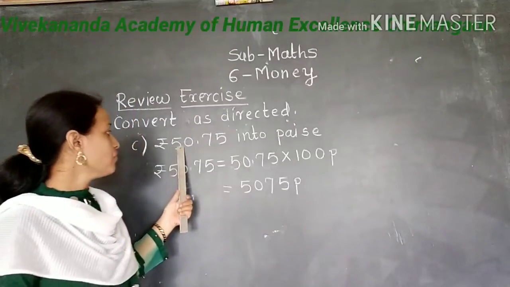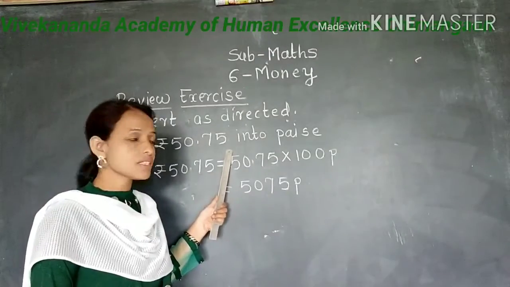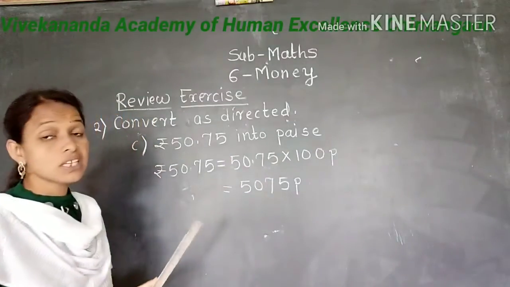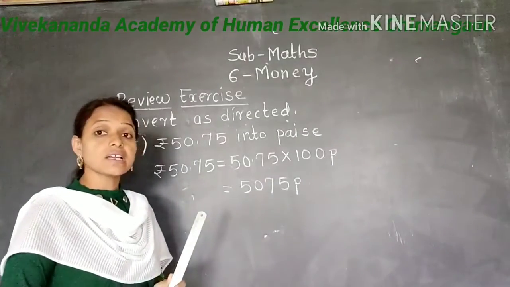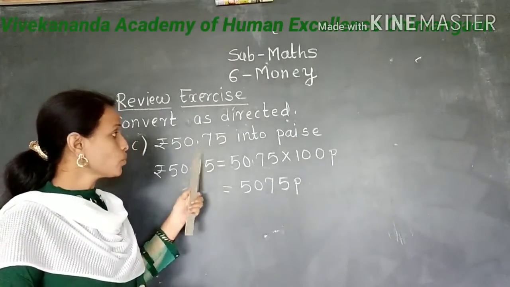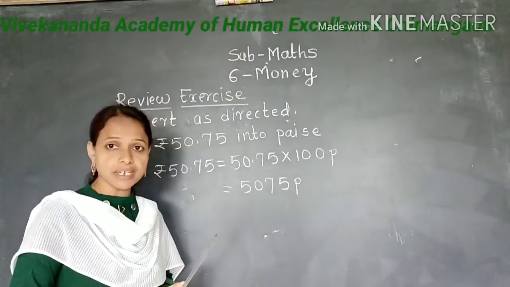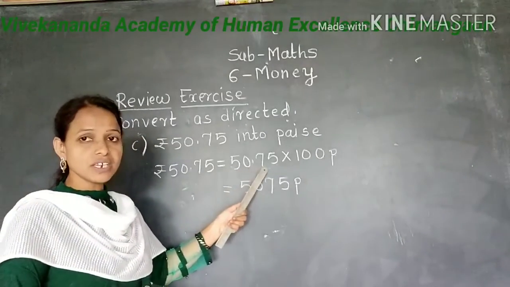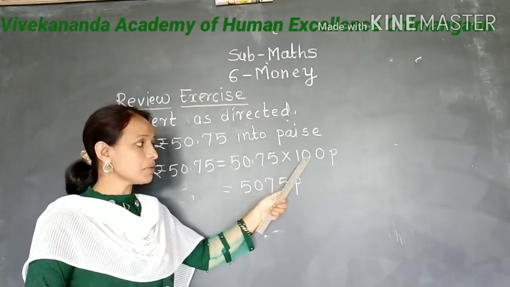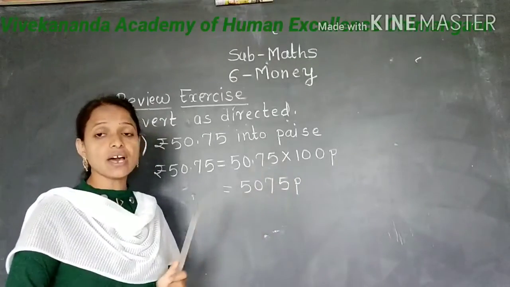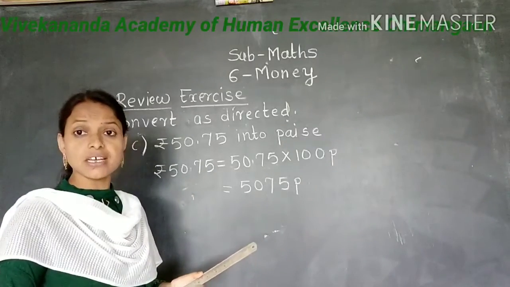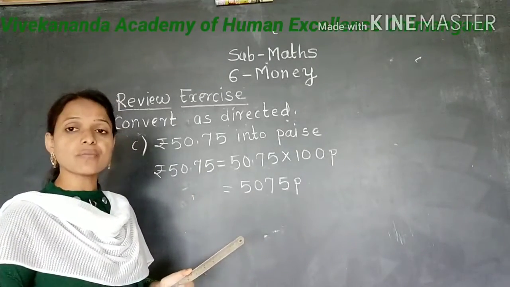Next, 50 rupees 75 paise, convert it into paise. So here you have learned to convert rupees into paise, we have to multiply by 100. So here we multiply 50.75 by 100. And you have learned to convert rupees into paise, remove the dot from the number.